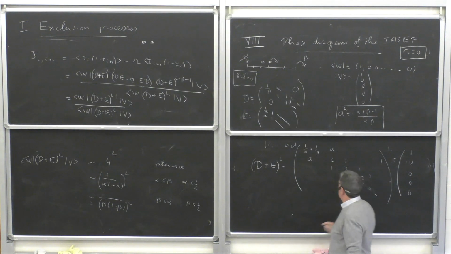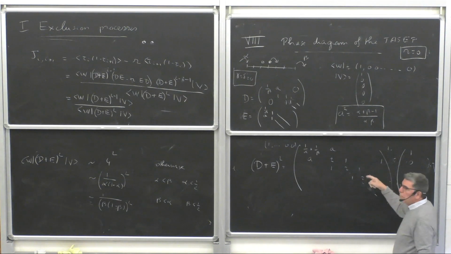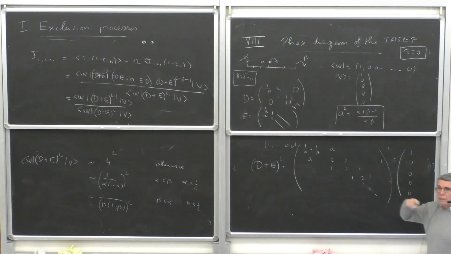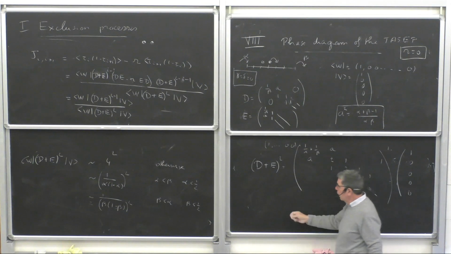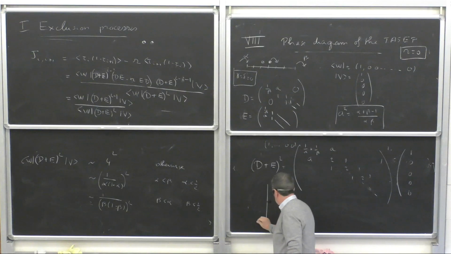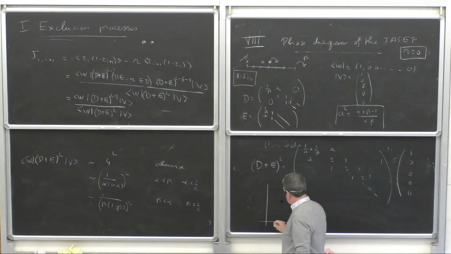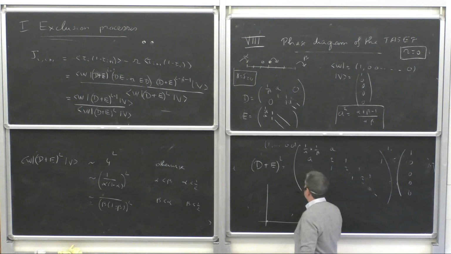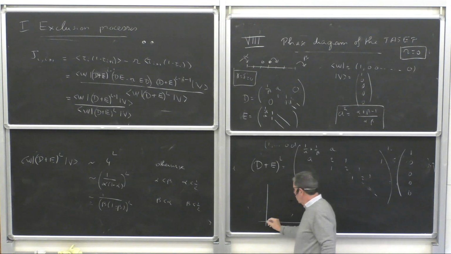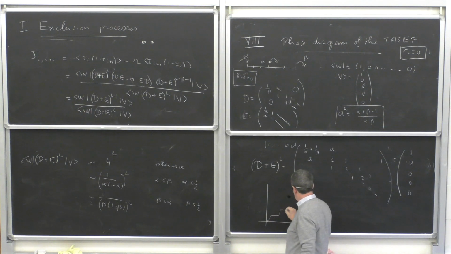The way I can interpret it is the following. When I make this product, I can think that each term, when I expand it, is a walk. It is a walk which starts at the origin and ends at the origin, and in between maybe goes up, sometimes several times, sometimes goes down.